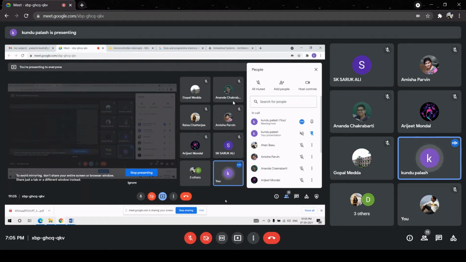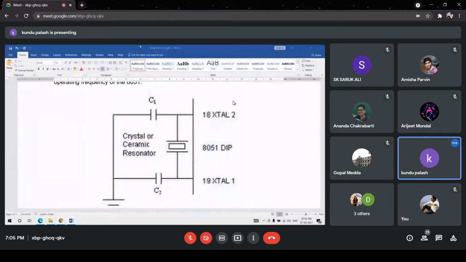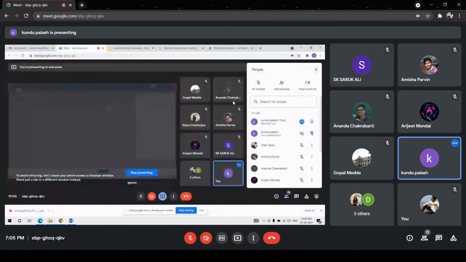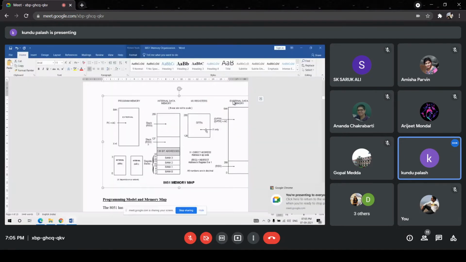So in that manner, the 8051 can assign a temporary storage location of 32 bytes. So this is about the register set.